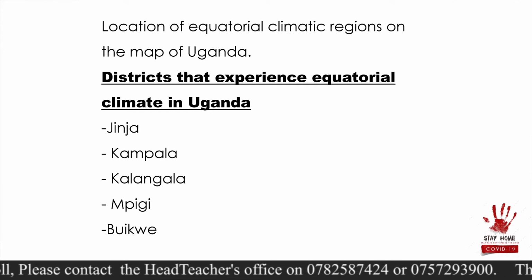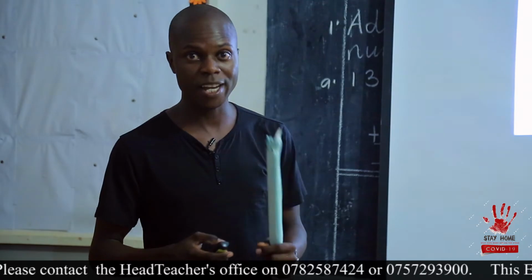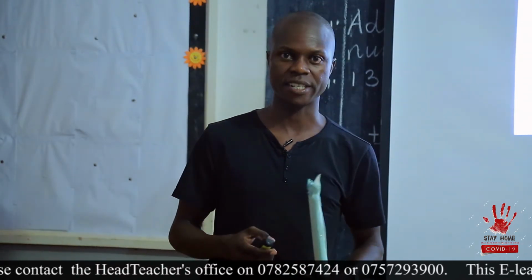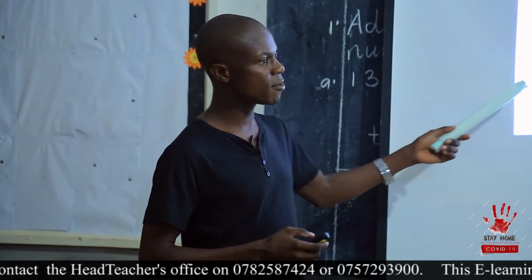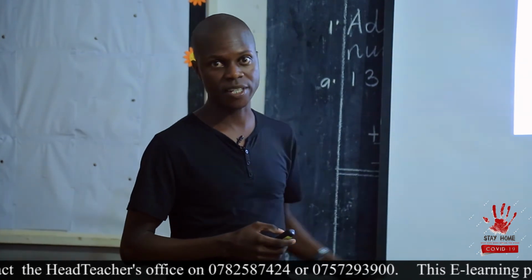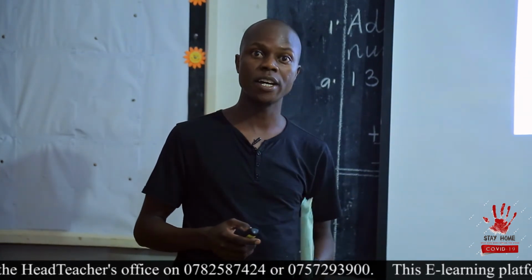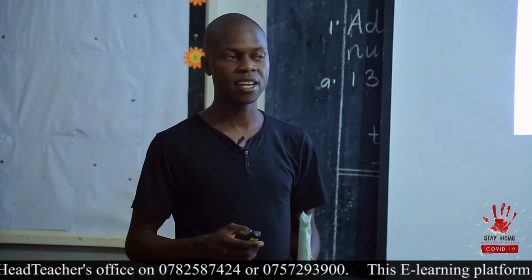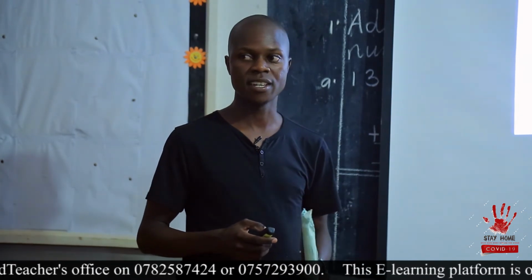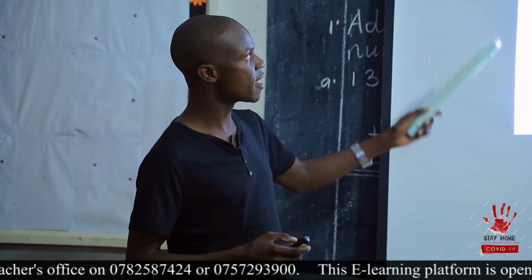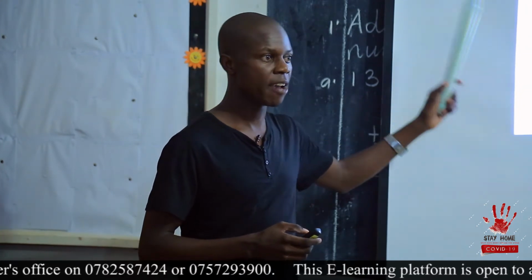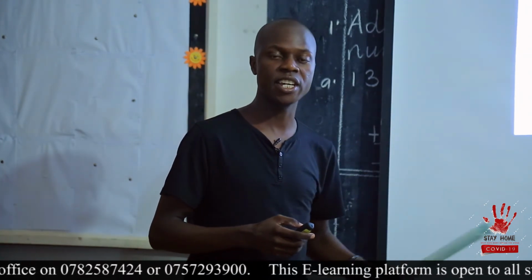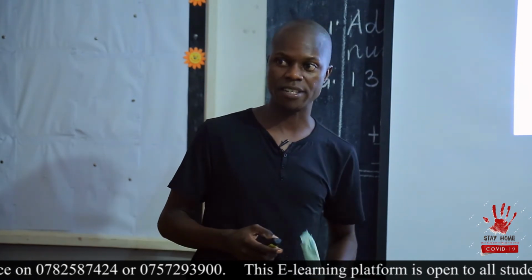One thing, the word equatorial comes from the word equator. Some of these districts are crossed by the equator. Then some are bordered by very thick forests and very large water bodies. That's why they experience such heavy rainfall that is leading to equatorial climate.